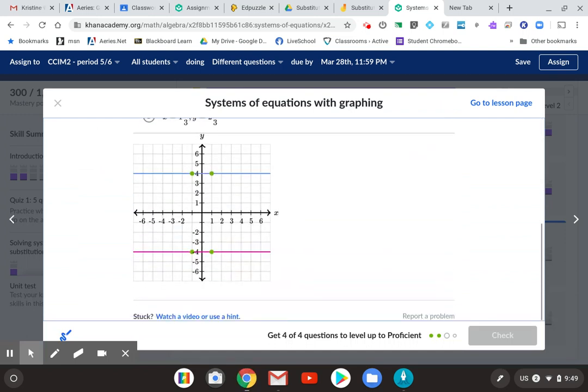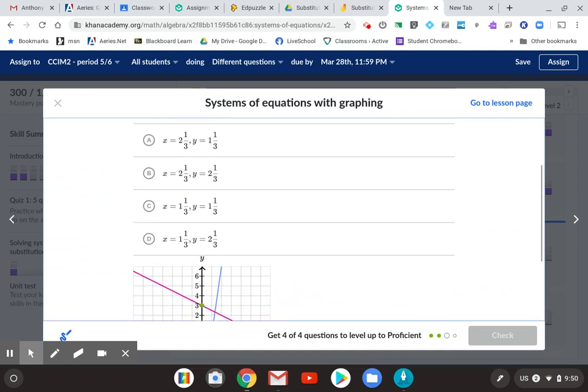So the first one, x was 1, and y was negative 7. So it goes all the way down. And then the next one, x was 6, and y was positive 3. And we can see that the x is a little bit bigger than 1, and the y is a little bit bigger than 2.